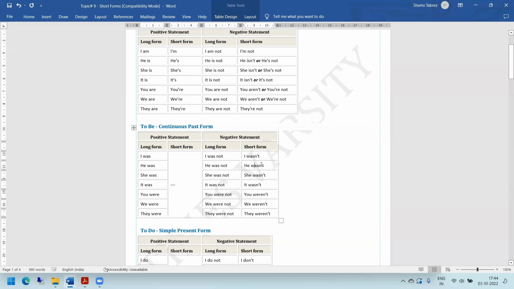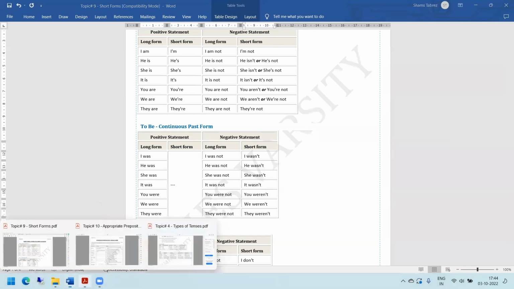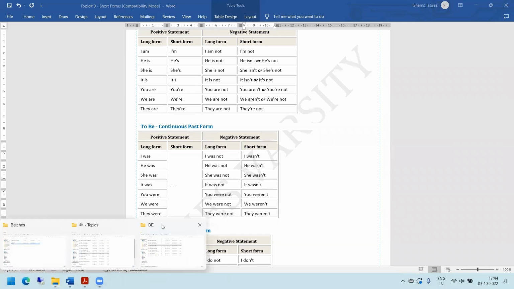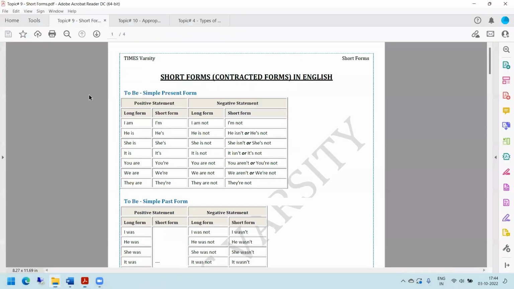This is an apostrophe, this punctuation. We also discussed different punctuations, if you remember, in our parts of speech.